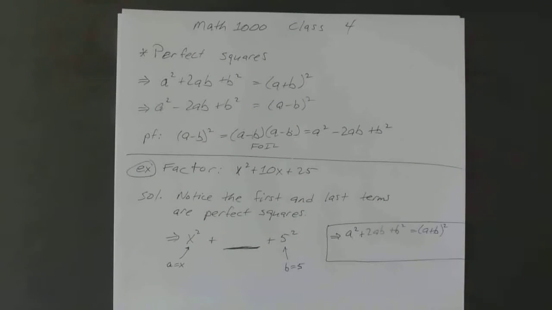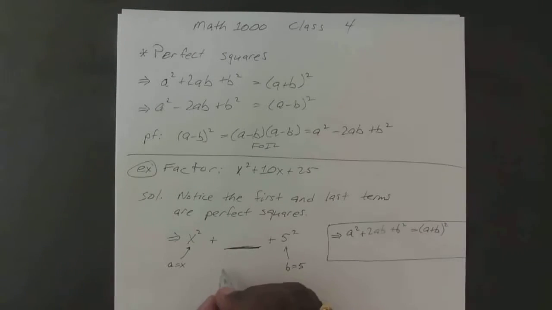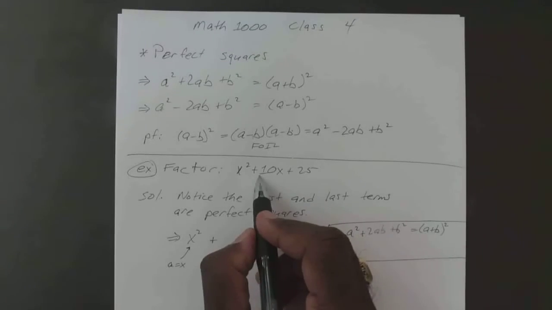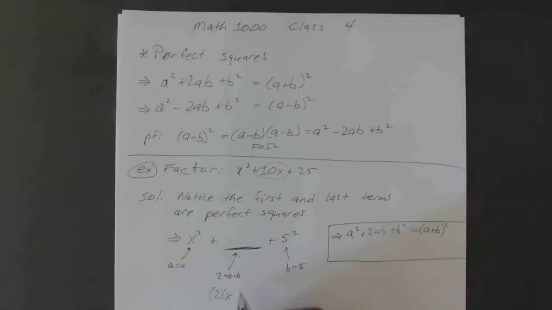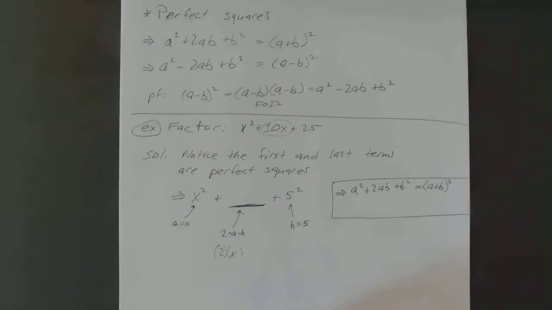That means for this to be a perfect square, this middle term would have to be 2 times a times b. And it would have to match this. Okay? So if you have 2 times a, which in this case is x, times b, which in this case is 5.